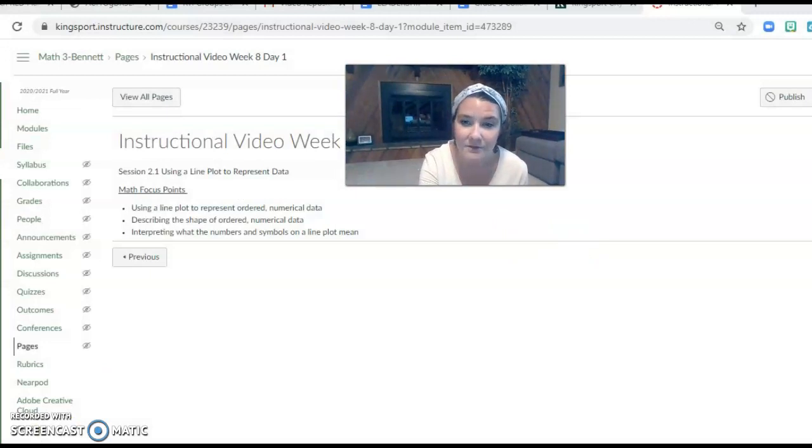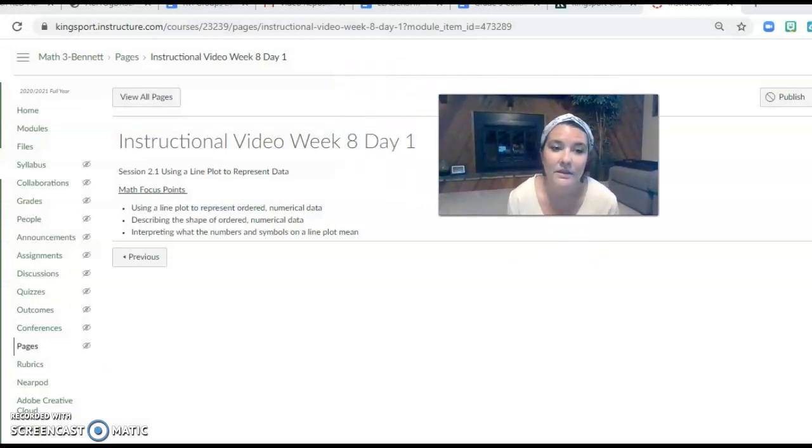Our math focus point for today is using a line plot to represent ordered numerical data. With bar graphs and pictographs, we were using categorical data where we had categories. With line plots, we're going to be using numerical data, measurements, number of something.